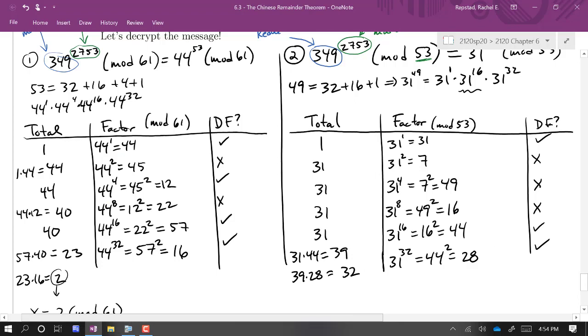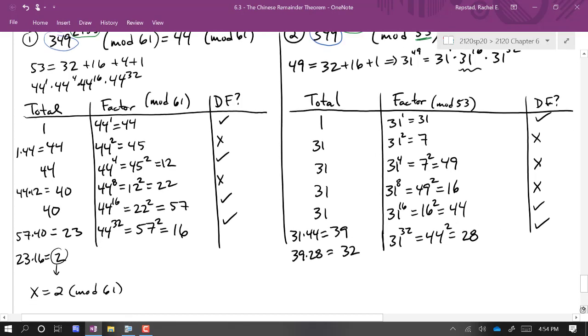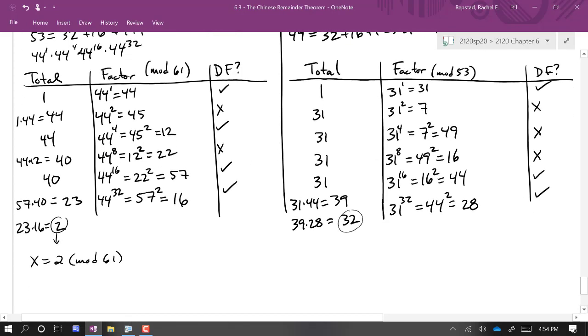Okay, so we're done. That was our last desired factor. This total is our final total. So we found that this value x that we're looking for over on the left is equal to 2 mod 61. Here we know that it's equal to 32 mod 53.